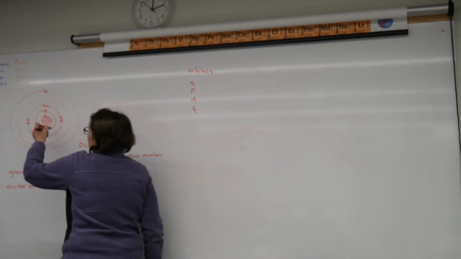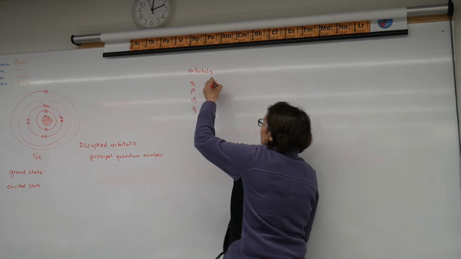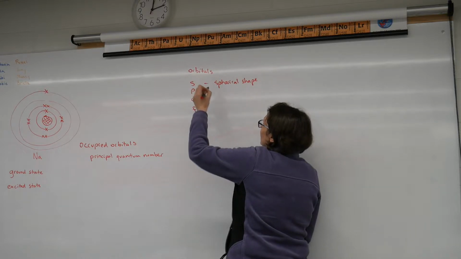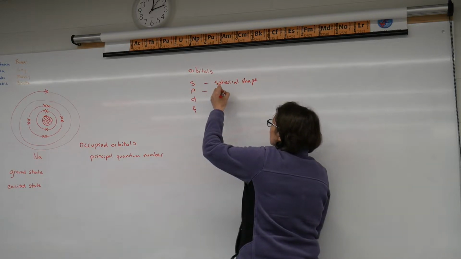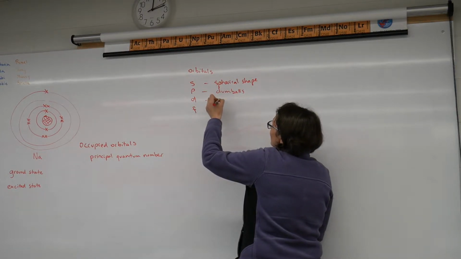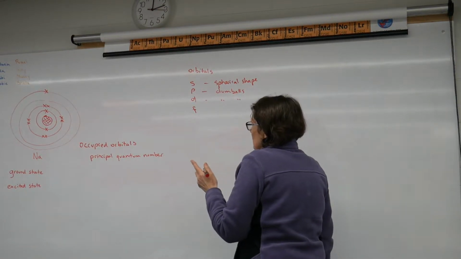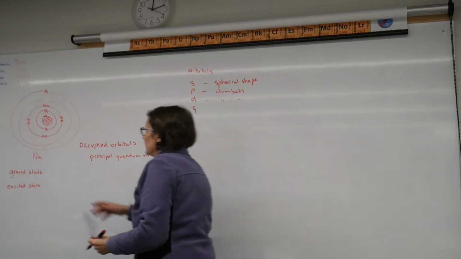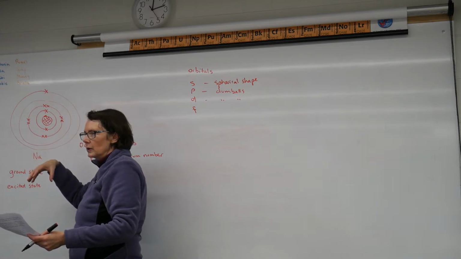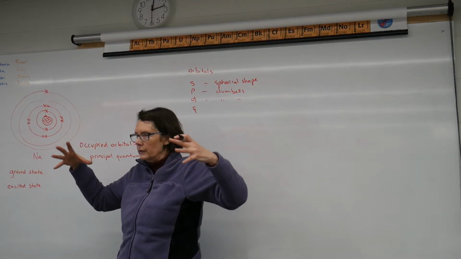Note this one here, closest to the nucleus, is actually a spherical shape. These, the p orbitals, they're like dumbbells. And D are also a bit like dumbbells. And F are a bit more complex. If you think about it, if you're trying to pack electrons around a nucleus as efficiently as you can, putting them in ever-growing circles is not efficient.